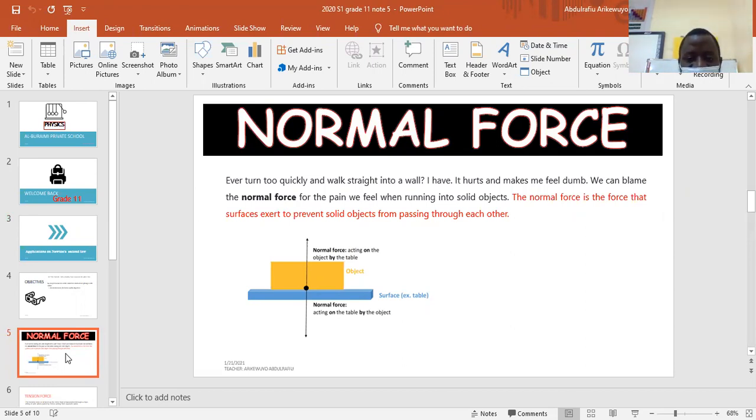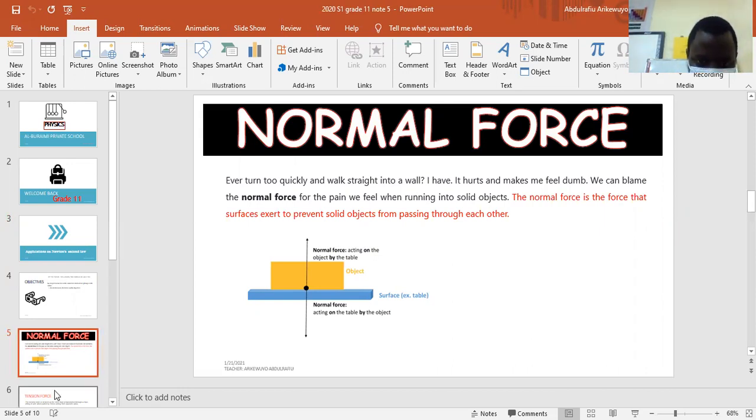The normal force is the force that surfaces exert to prevent solid objects from passing through each other. From this definition, you can see that normal force exists between the surfaces of solids. It is that force they exert on each other that prevents them from passing through each other.